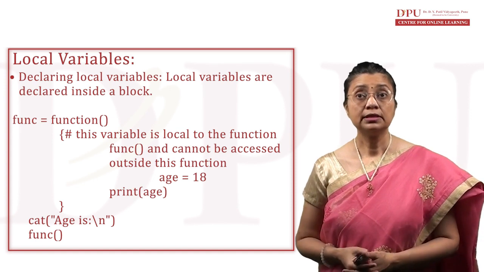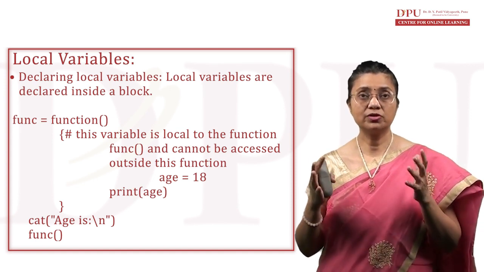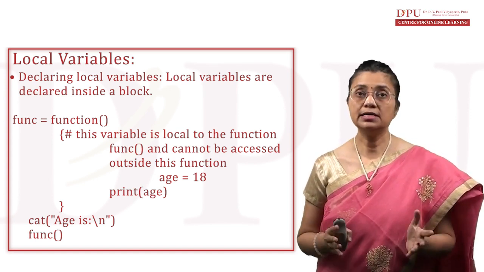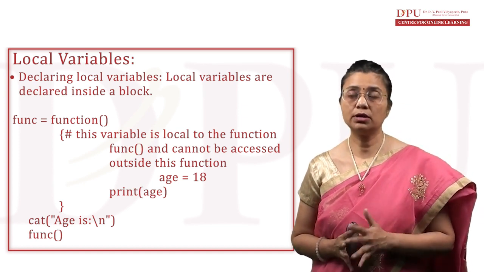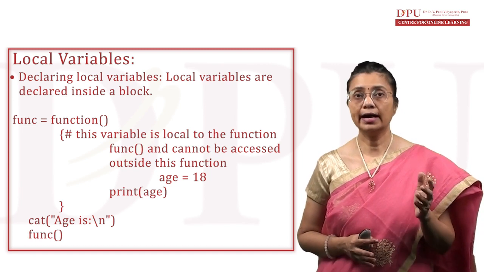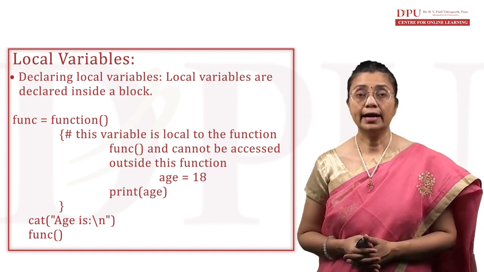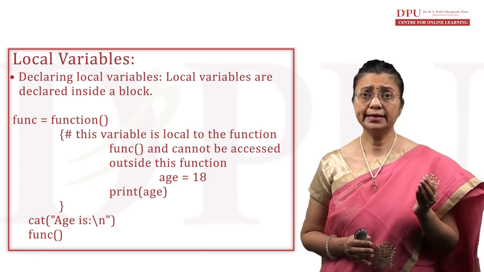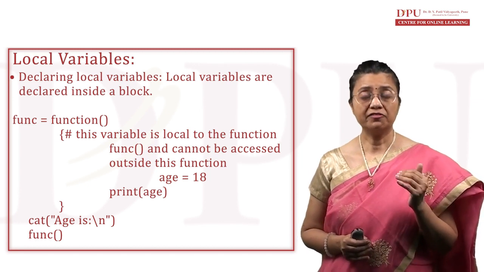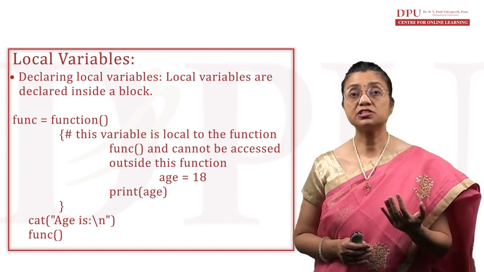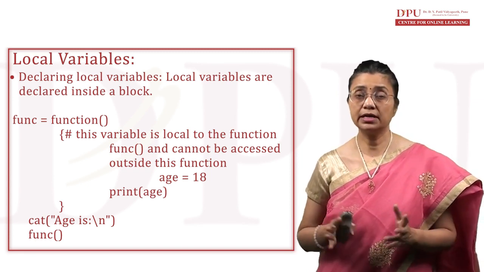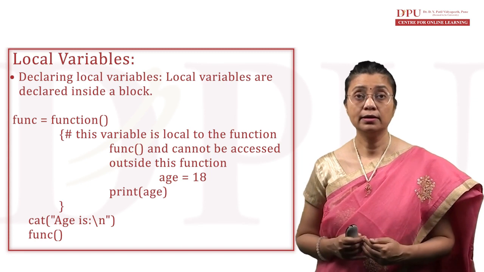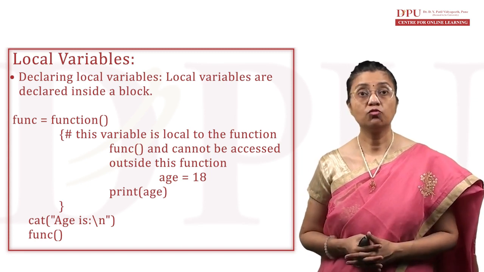Which variable? The age variable. So age is equal to 18, and I have written print age. After closing the bracket, I'm writing cat, which means print age is, and new line means age is printed and then a new line, and then I'm calling the function func.